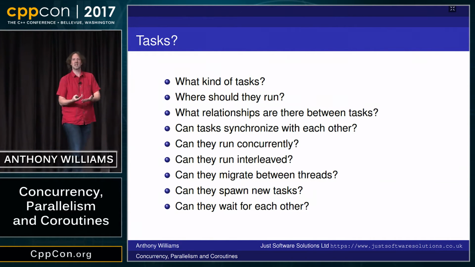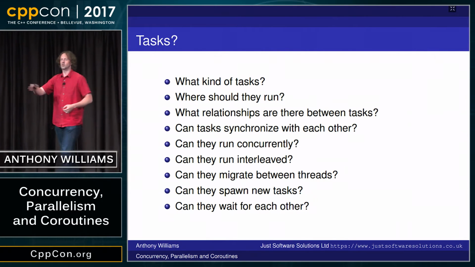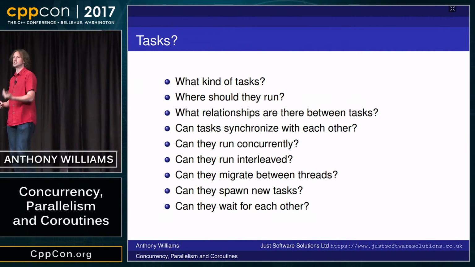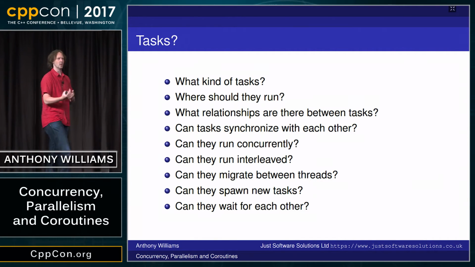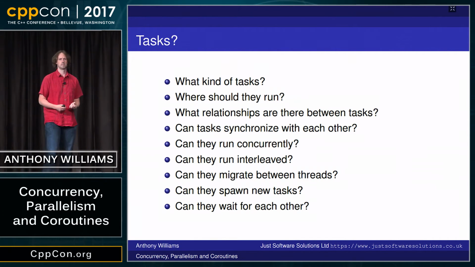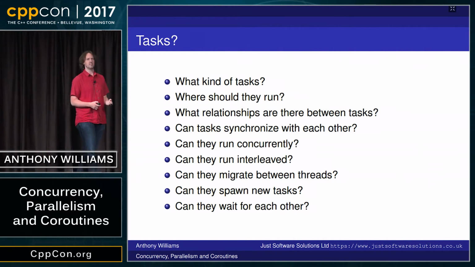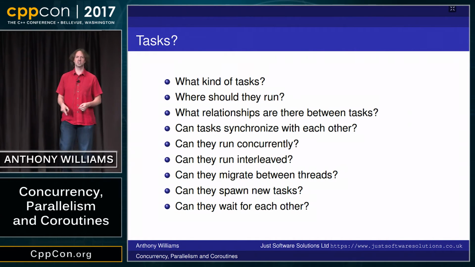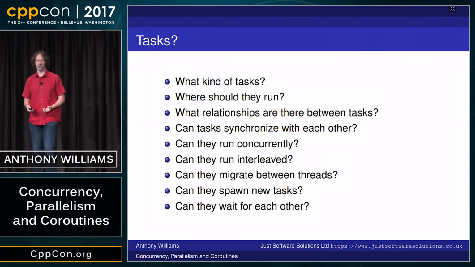Can they run interleaved, like with parallel unsequenced? Can we move them around across threads? Can they in turn spawn new tasks on the same executor? Can they wait for each other? All these are important questions. And we want to allow as many of the yes and no answers to all these questions as possible without fundamentally compromising our framework.